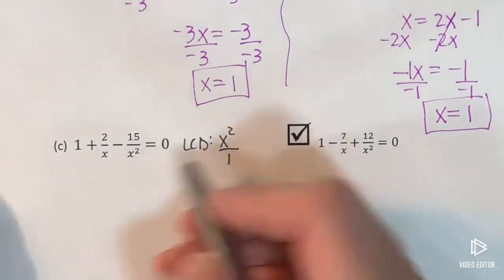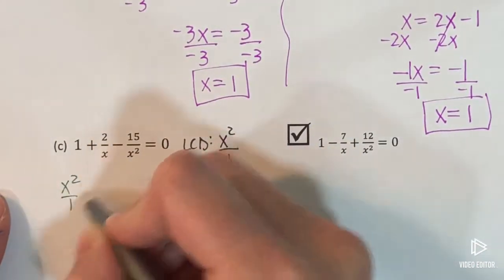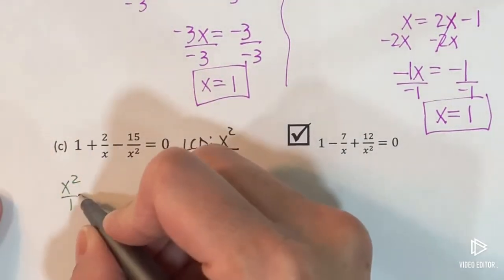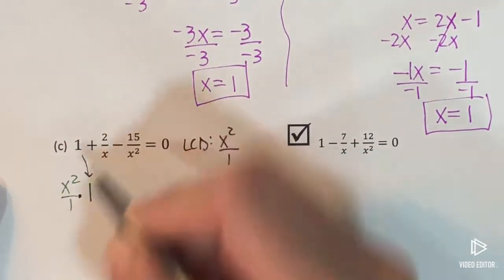Okay, so same process. I have x squared over 1 times the 1 coming from right here.